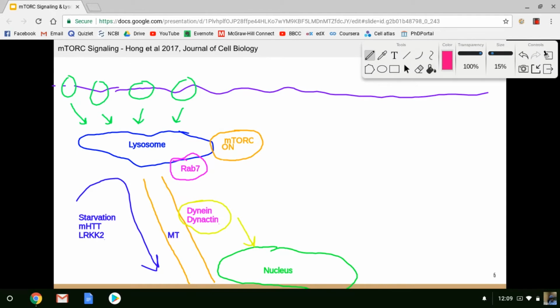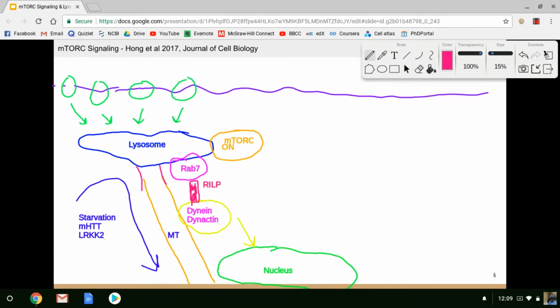But dynactin, which is linked to dynein, can link to Rab7 through this other protein. This is going to be our adapter protein. It's called RILP, Rab7 interacting lysosomal protein. It's just an adapter that links Rab7 to dynactin. Dynactin is linked to dynein, and through this mechanism, we get retrograde transport.